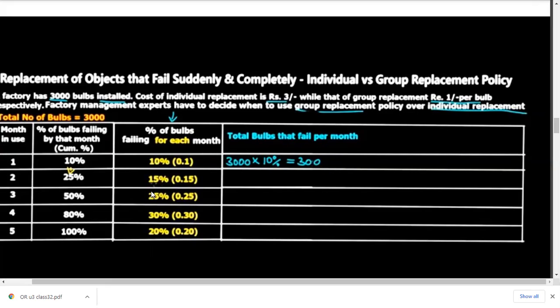So 3000 into 15% plus this 300, because in the second month we also consider what we replaced in the first month, those 300 bulbs. So 300 into 15%, taking only this column: 3000 into 15% plus 300 into the previous one's percentage.